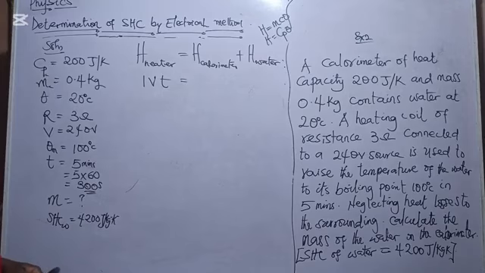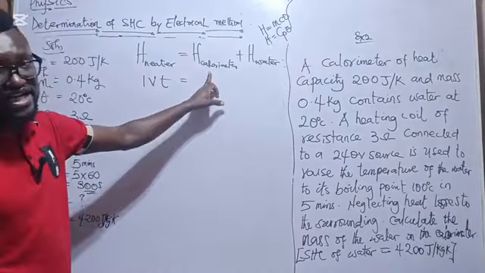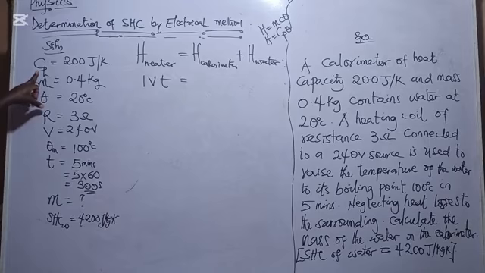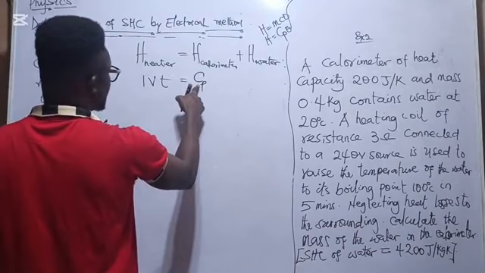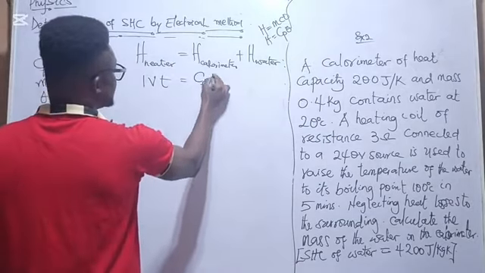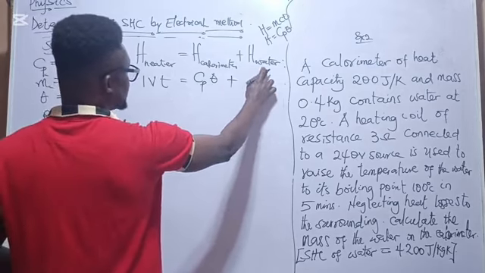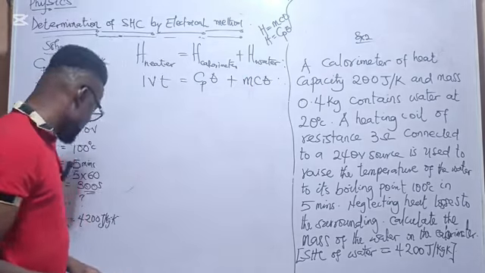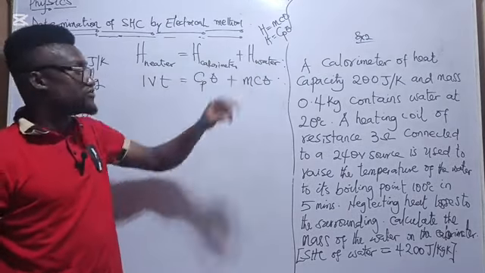Are we there? So in that case, we are considering the heat capacity for the calorimeter, because we are given the heat capacity of the calorimeter. So we have heat capacity of the calorimeter times the temperature difference, plus the heat gained by the water, which is MC theta, because we are given the specific heat capacity of water. That's why we are using this formula.